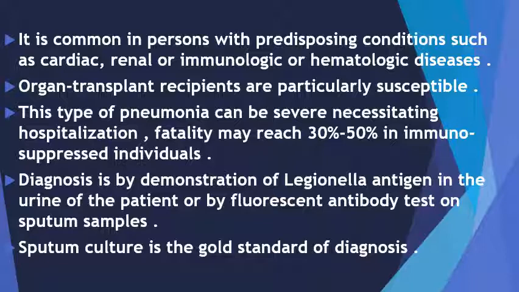The fatality reaches about 30 to 50%, especially in immune-compromised patients or those having chemotherapy. The diagnosis is by demonstration of Legionella antigen in the urine of the patient or by fluorescent antibody on sputum. Sputum culture is the gold standard of diagnosis.